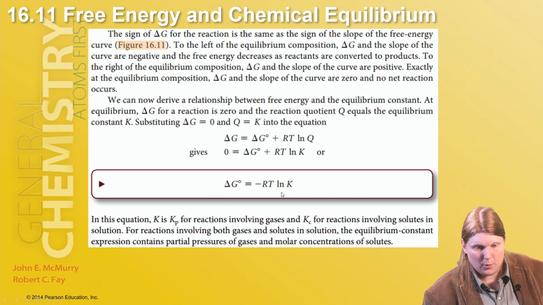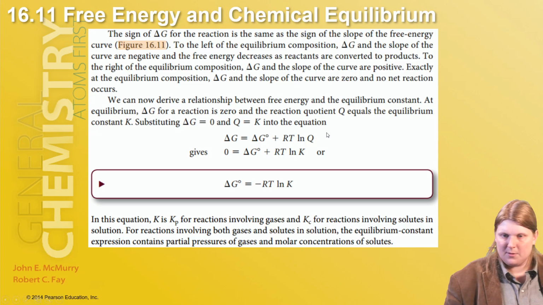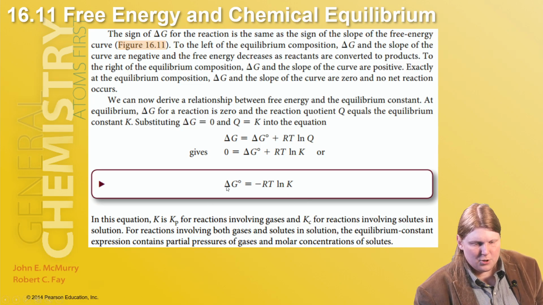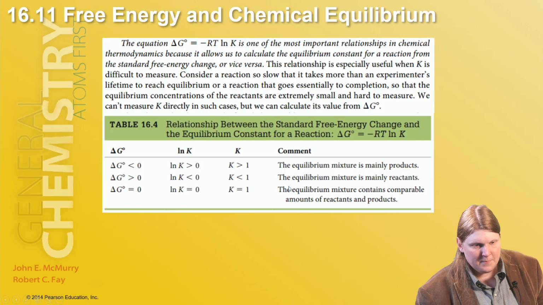And this is a really, really critical relationship, because sometimes it's hard to measure one or the other. But if you can measure K, you can get the change in the standard state Gibbs free energy, and vice versa. Sometimes it's easier to measure this energy and then derive a value for K. Both of them can be difficult to obtain in certain conditions, and that's what they talk about here.